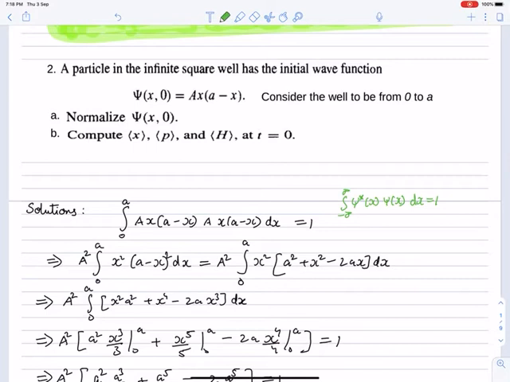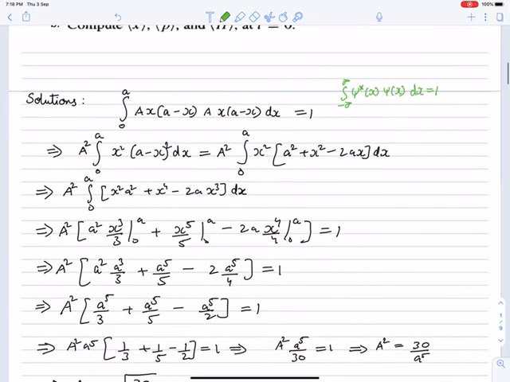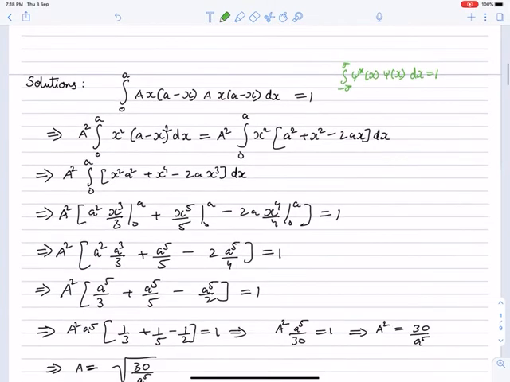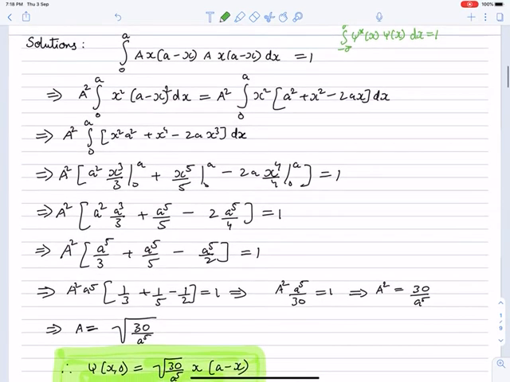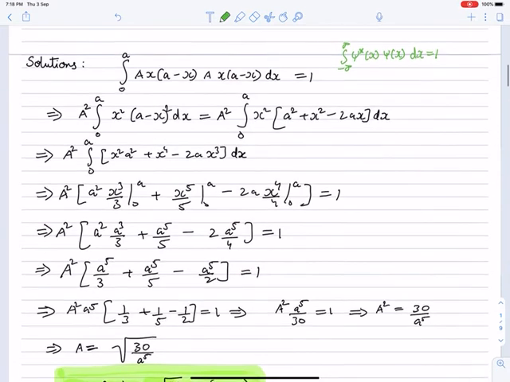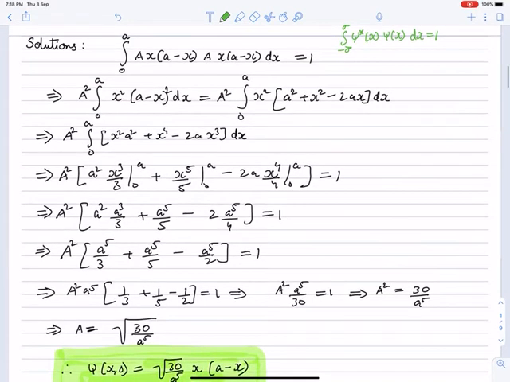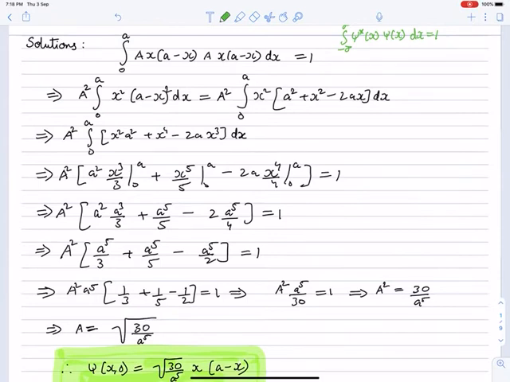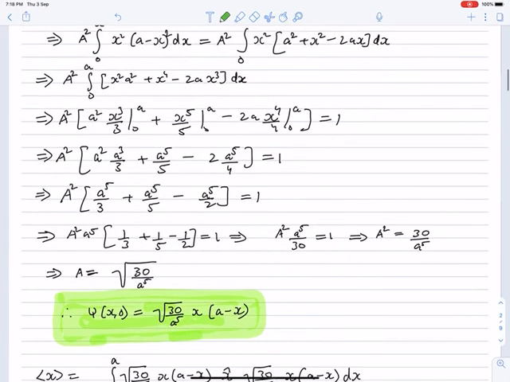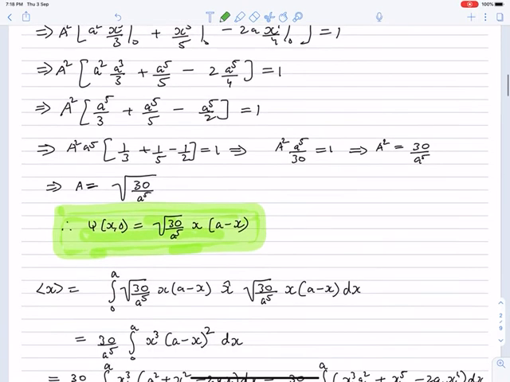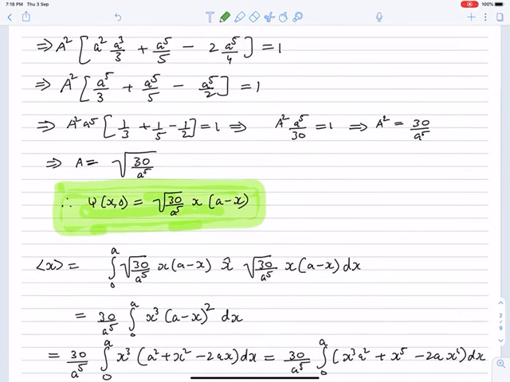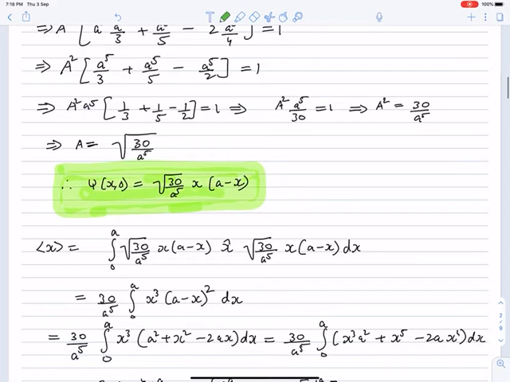This is the condition of normalization, and it is very easy to calculate A. This is a simple integration. Since the students are preparing for NET JRF, I don't think I have to tell how to do this. You can easily calculate A as under root 30 upon a raised to power 5. So this is psi x, 0.